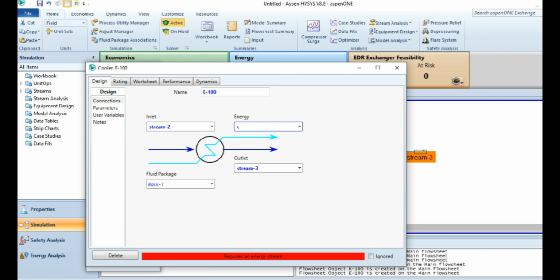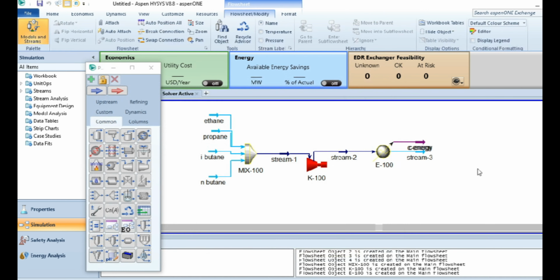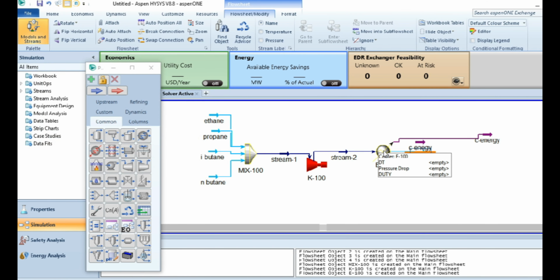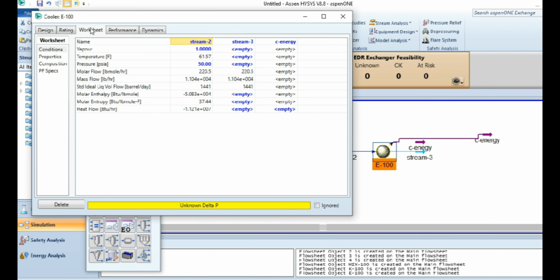Let's call the energy stream C, standing for cooler energy. It is to be cooled to 82 degrees Fahrenheit.